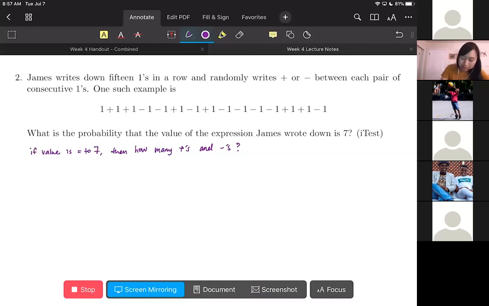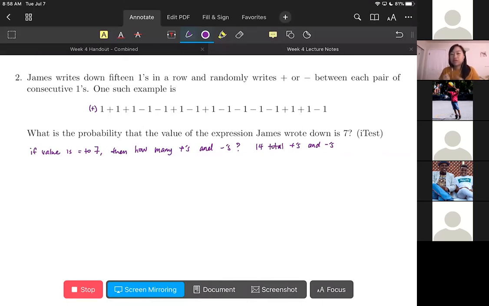The reason is because the first one has this implicit plus in front of it, right? So he has 14 total. And we want to see how many are pluses and how many are minuses if the total value is 7.